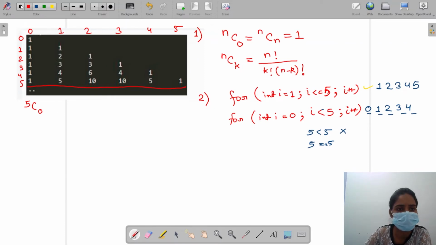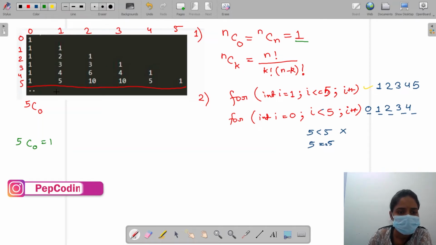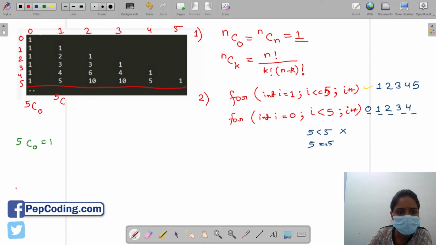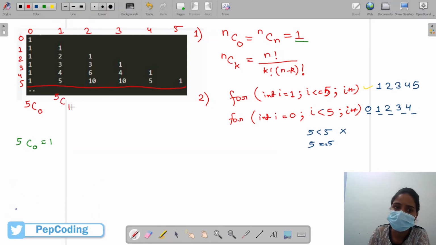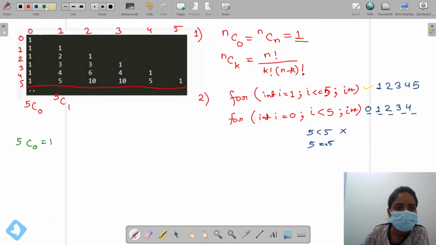From this formula, 5C0 is equal to 1, since nC0 is 1. Therefore, I can say this is 5C0. Okay, let's move on to the second column. It could be 5C1. Can I write this? Okay, what is the value of 5C1?